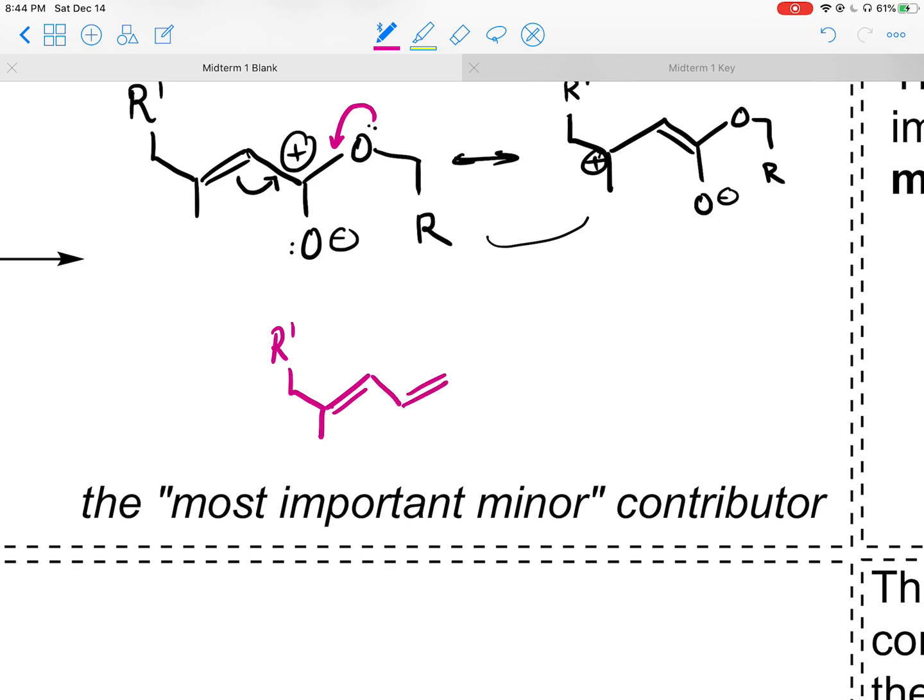There's a pi bond there. Oxygen with a negative. Oxygen, and then R. And this oxygen, instead of having 2 lone pairs and 2 sigma bonds, it has 2 sigma bonds, a pi bond, and a lone pair. And so that's actually going to have a plus charge.